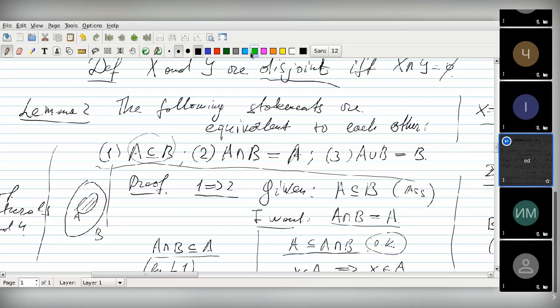Let's compare this to some other relations known to us. X is less or equal than y. Let's speak about naturals. X is less or equal than y if and only if the minimum equals what?